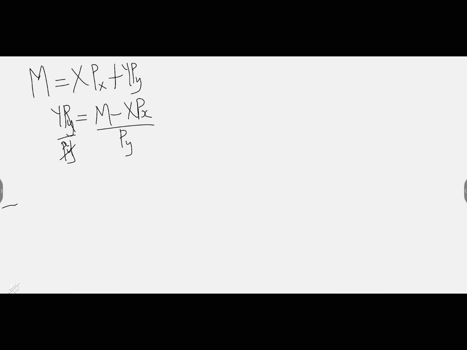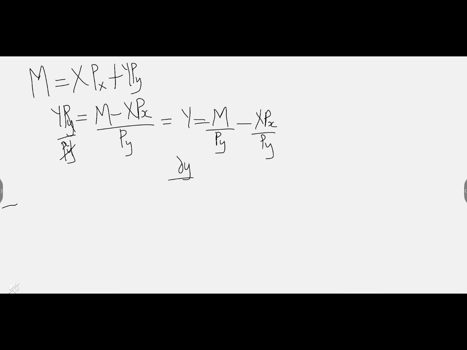So we have to make one input the subject of the formula. So that's y is equal to M over Py minus xPx over Py. So to get the slope, you differentiate y as usual.